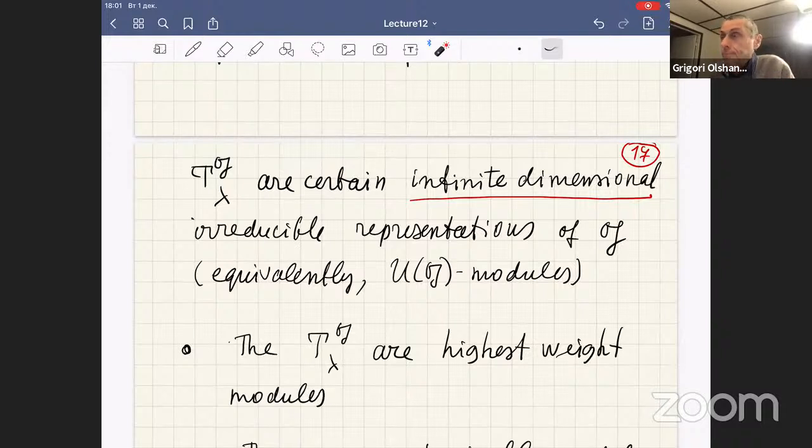So there are a lot of highest weight representations of complex Lie algebras, and irreducible ones are just the irreducible quotients of the Verma modules. So these modules are some proper quotients of the Verma modules, which are infinite dimensional.